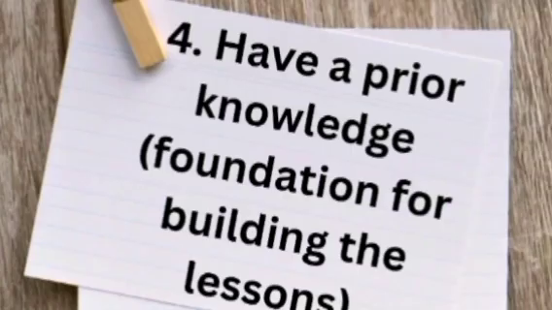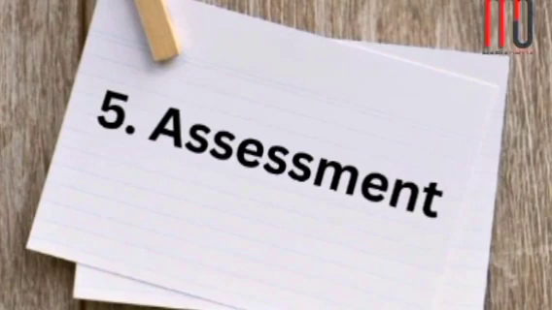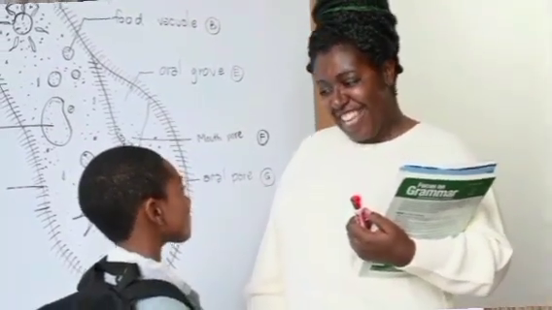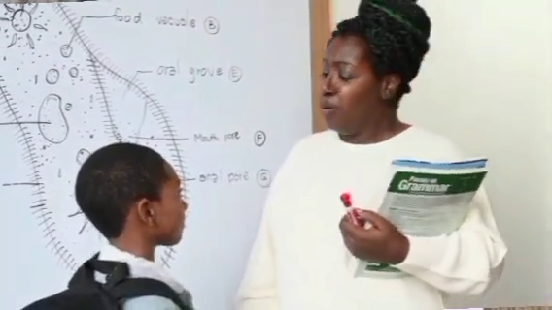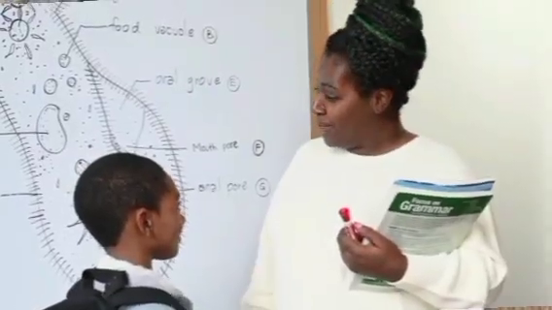Another one is assessment. This is number 5, and this will be a 2-part video. Formative assessment. Constantly check on learners to see if they are with you. Teachers just drive and rush and run, and the students are lost.